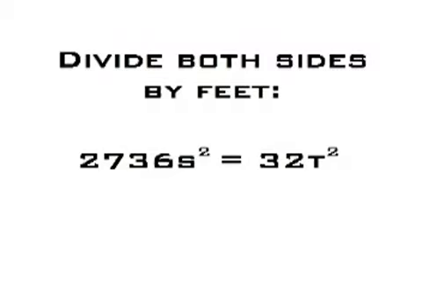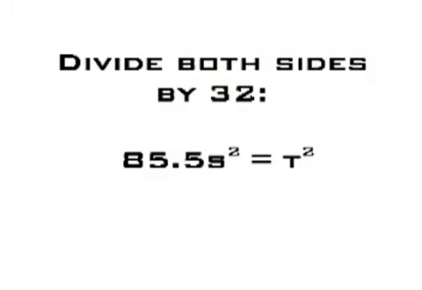After that, we divide both sides by feet, giving us 2,736 times s squared equals 32 times t squared. The next step would be to divide both sides by 32, giving us the result of 85.5 times s squared equals t squared.